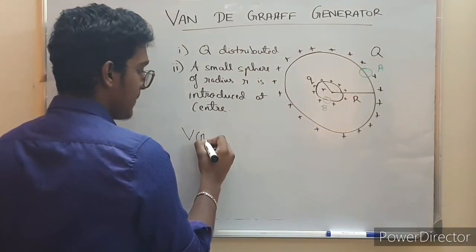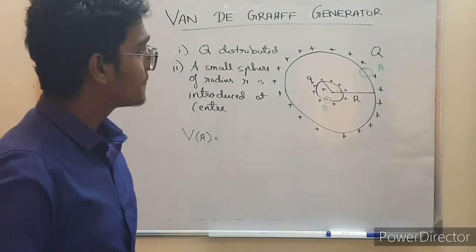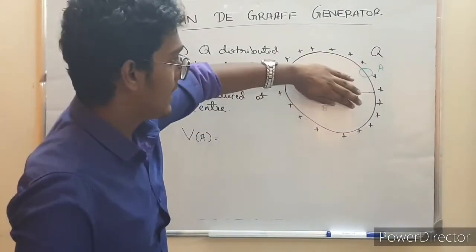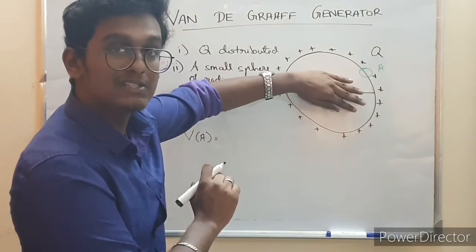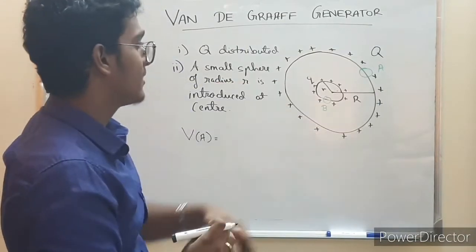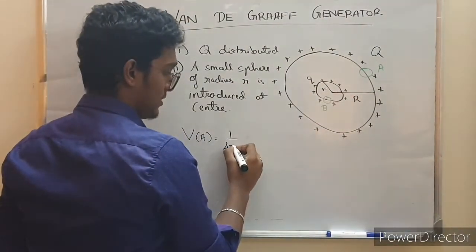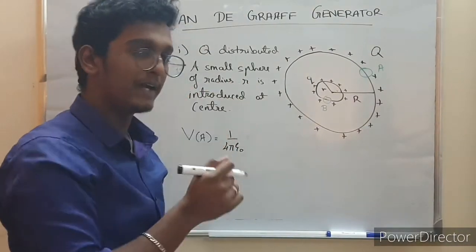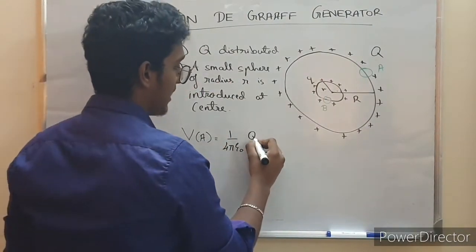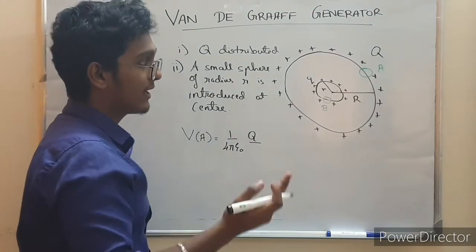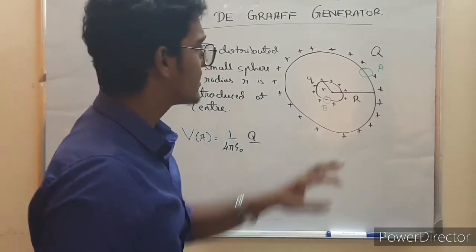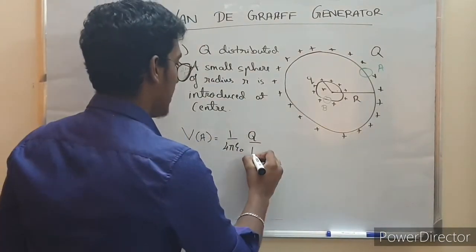First of all, let's avoid the small sphere. If it was not there, the potential at A would be 1 by 4 pi epsilon naught, capital Q divided by capital R, where R is the radius of the bigger sphere.